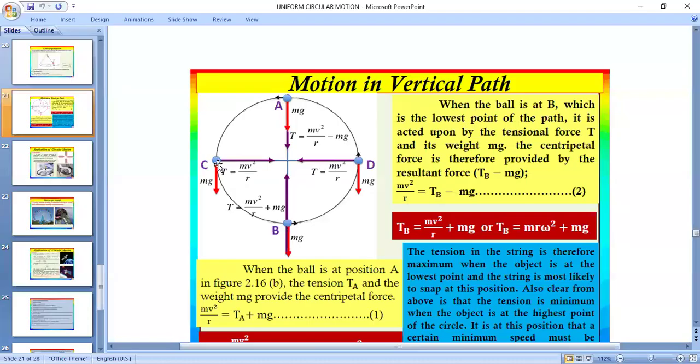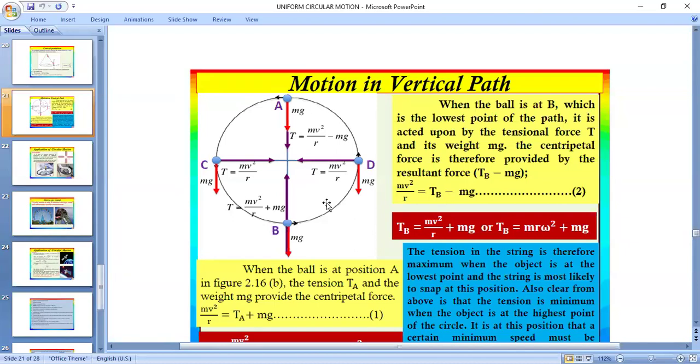On the sides, C and D, we can see mg down both sides, but tension towards the center. So this mg does not affect the net tension in the string. So we have mv squared over r here, mv squared over r here.